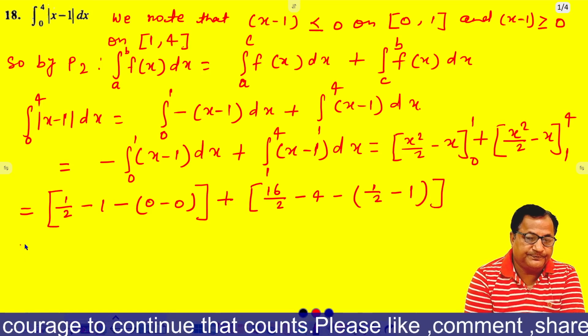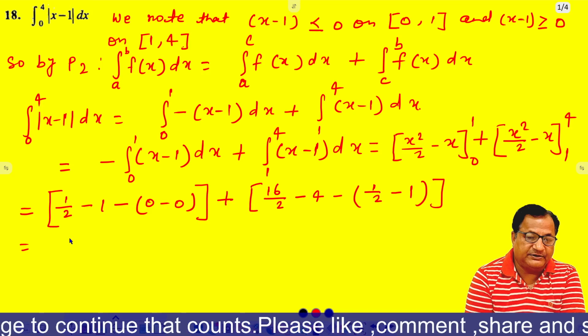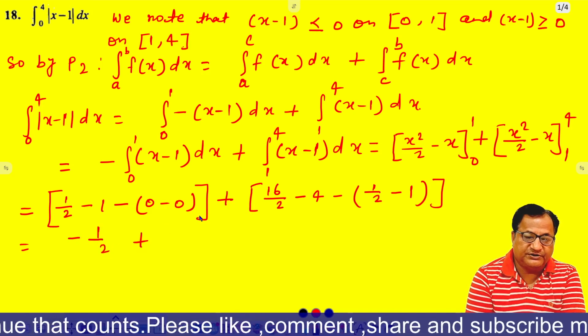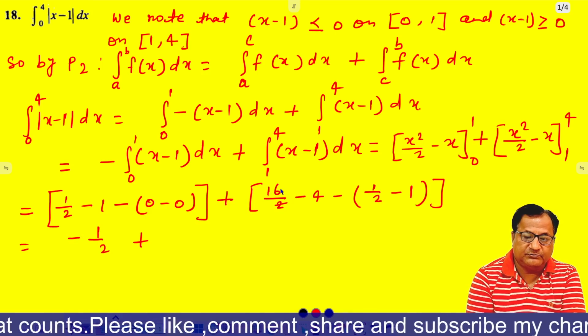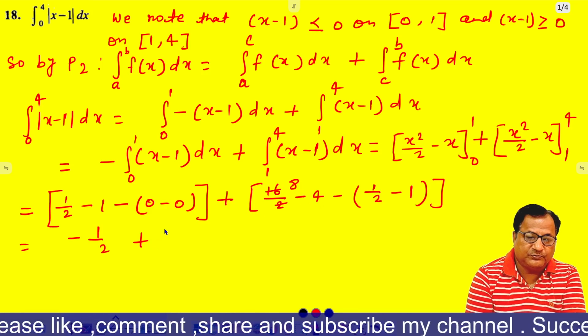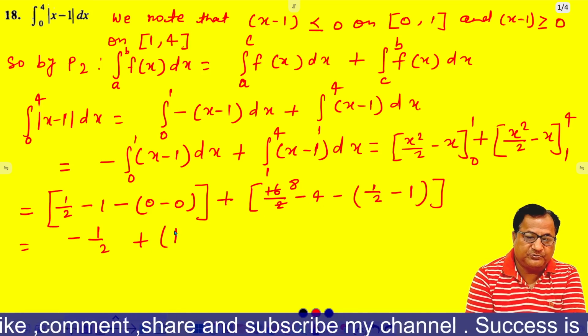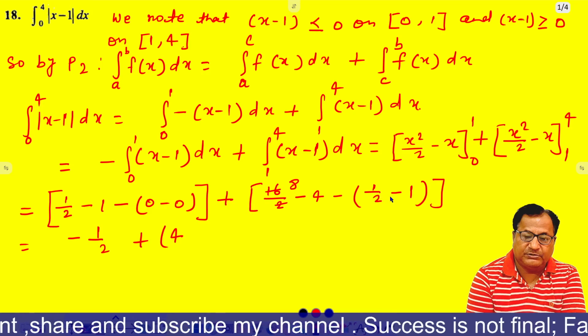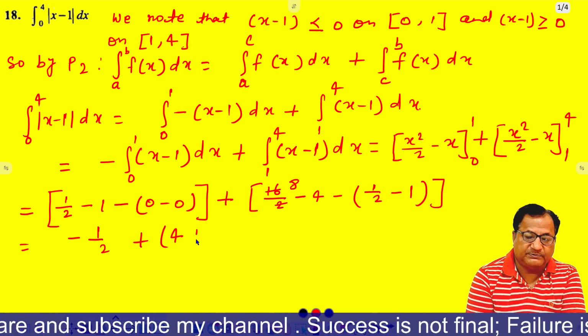So here it will be minus 1 by 2, plus 8 minus 4, which is 4, and here it will be minus 1 by 2, then plus 1 by 2.